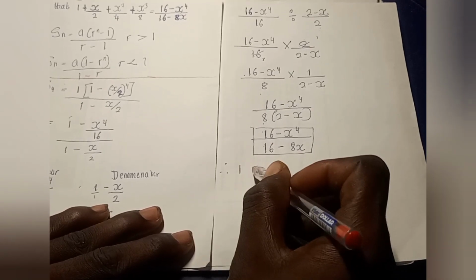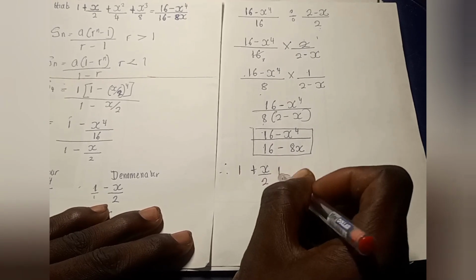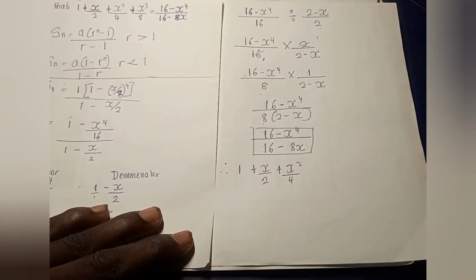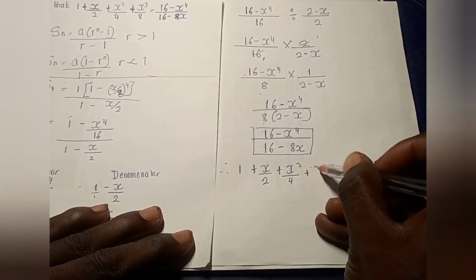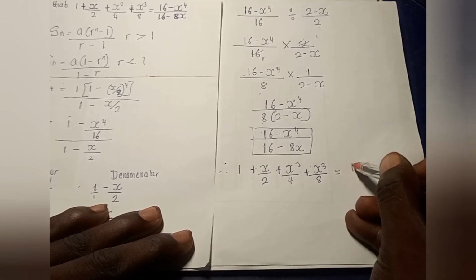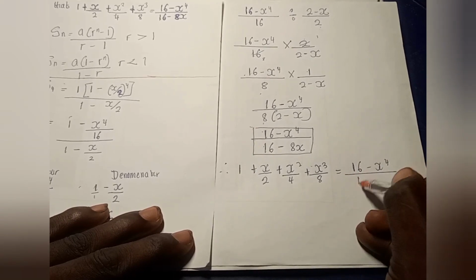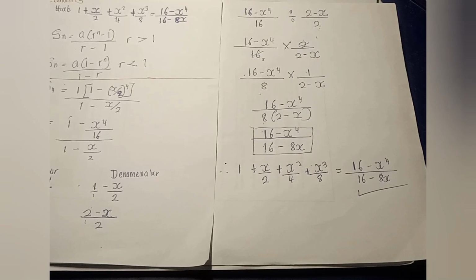So therefore, 1 plus x over 2 plus x raised to power 2 over 4 plus x raised to power 3 over 8 is equal to 16 minus x raised to power 4 over 16 minus 8x. Proved.